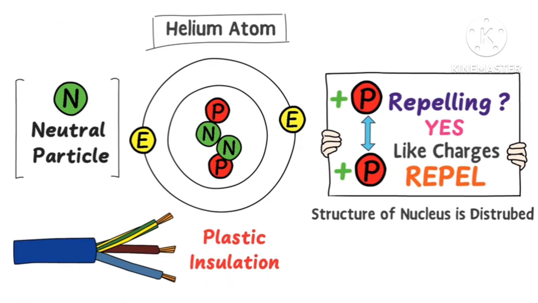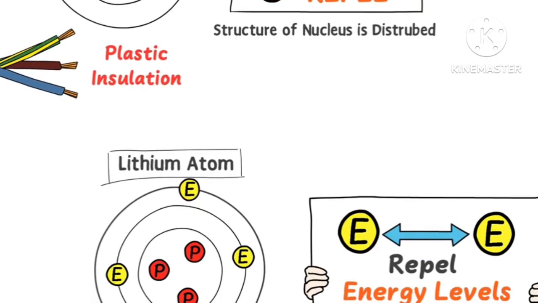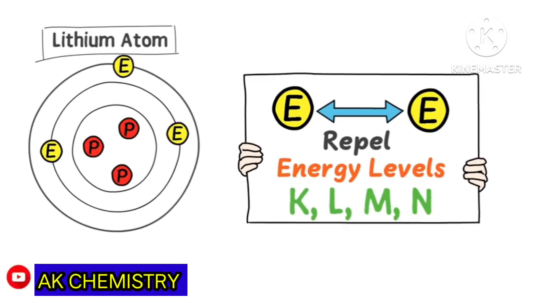Thirdly, we learned that neutrons minimize the internal repulsion among protons in the nucleus. Finally, we learned that an atom consists of many shells to reduce the internal repulsion among electrons. This was all about atomic structure, proton, electron and neutron.